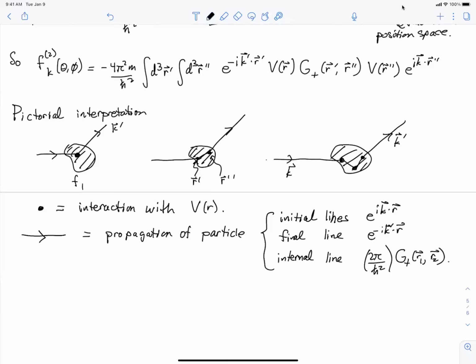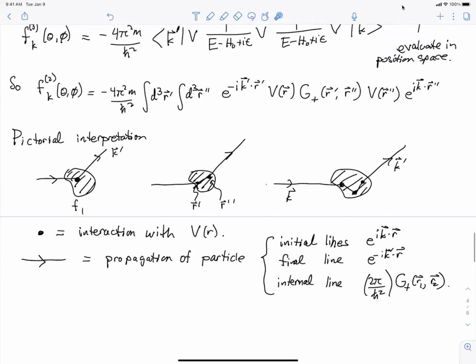Okay, so to represent the total scattering amplitude, I draw all possible pictures. For each dot in the picture, I put in a potential. For each line in the figure, I put in a factor like that. And then I integrate over all positions where I could interact with the potential.